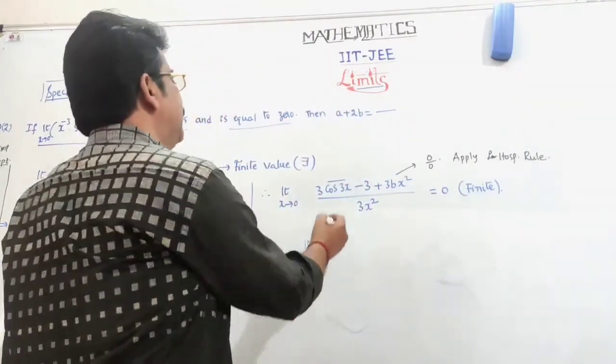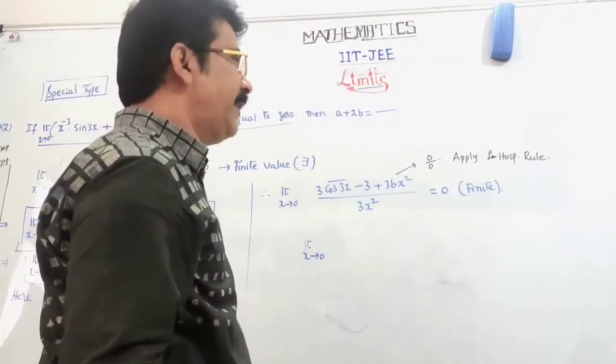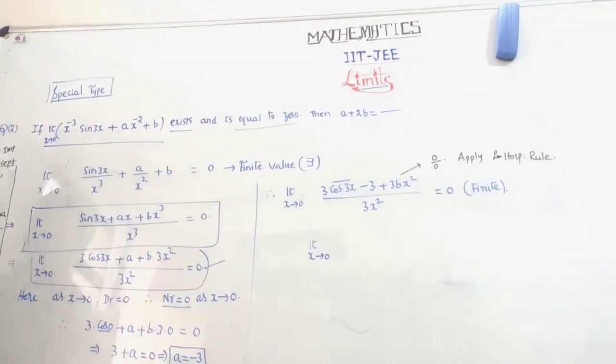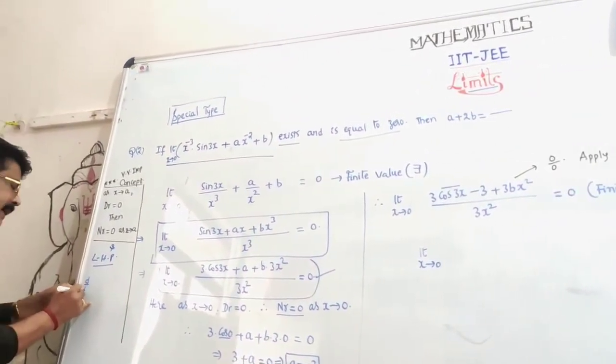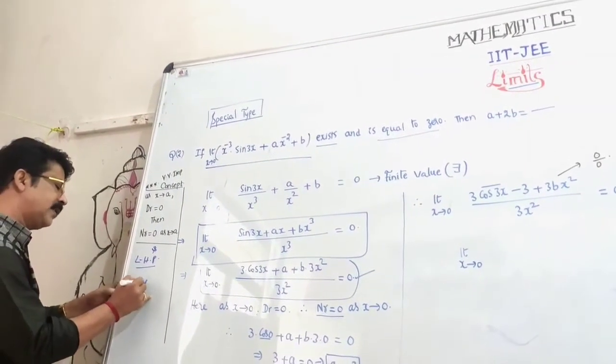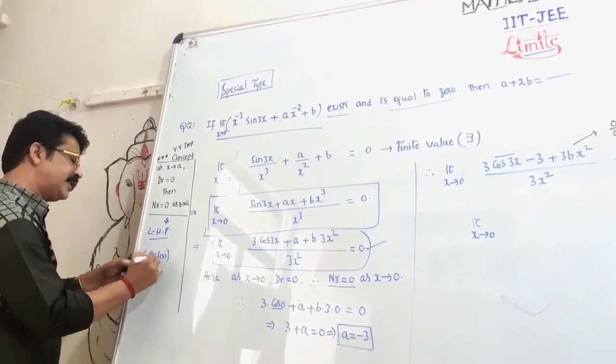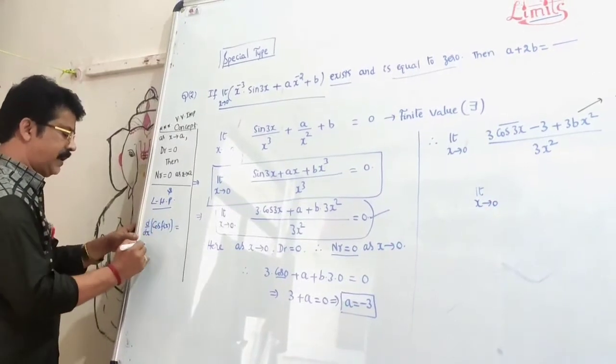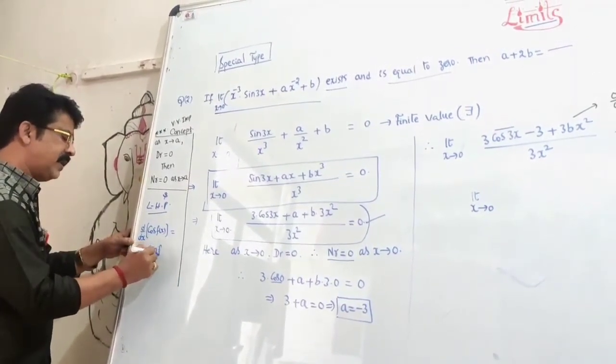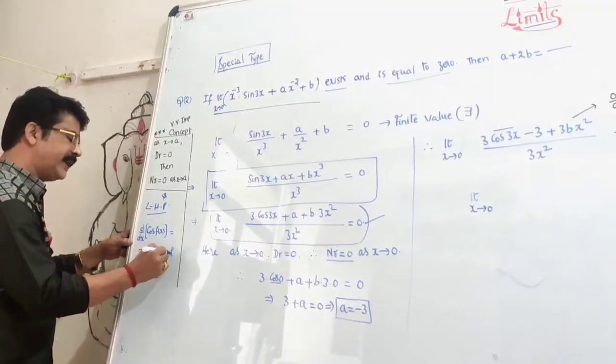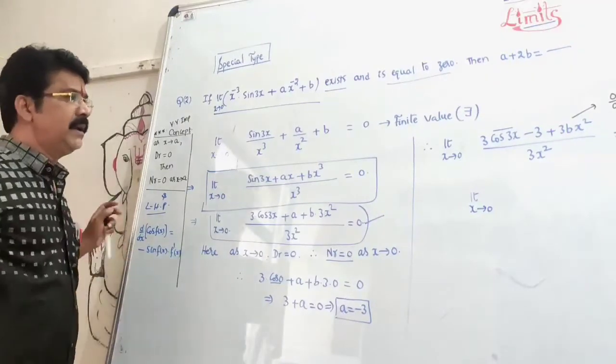Okay, at present we are in d by dx of cos of f of x. Okay, you come here. d by dx of cos of f of x, differentiation of a composite function, minus sine of f of x into f dash of x. We are applying this formula.